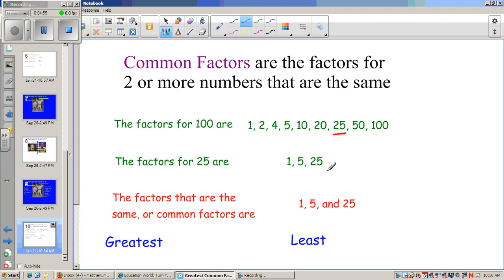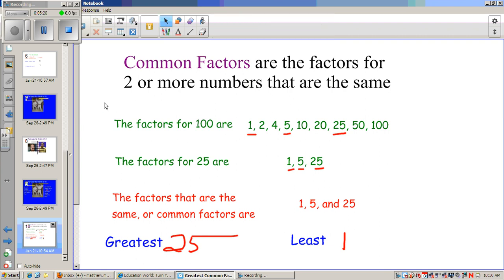We see 25 and 25, 5 and 5, and of course, 1 and 1. So our common factors are 1, 5, and 25. The greatest of these would be 25. And what's our least common factor? It's usually going to be the number 1.